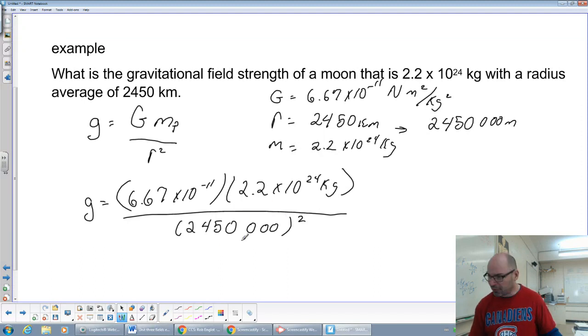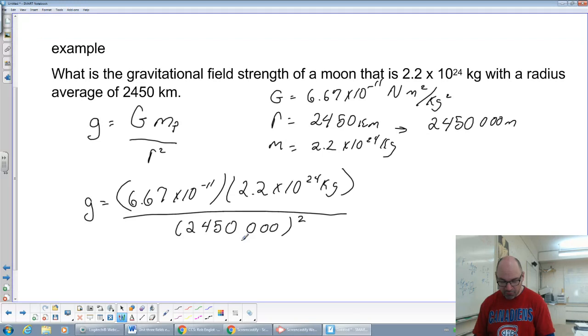Let's take our calculators out and crunch those numbers together. 6.67 times 10 to the negative 11, times 2.2 times 10 to the 24. Get a pretty big number. Divide by 2,450,000 squared.